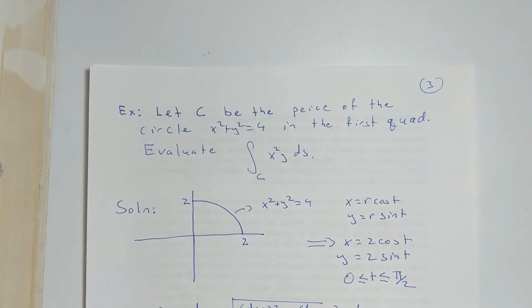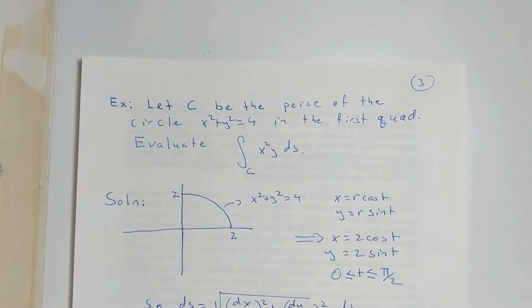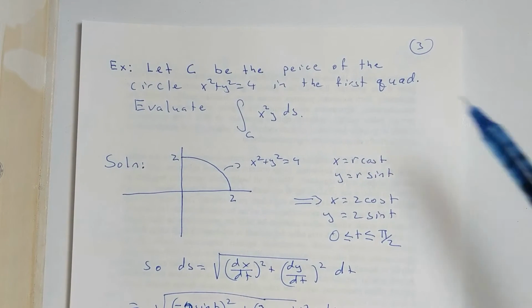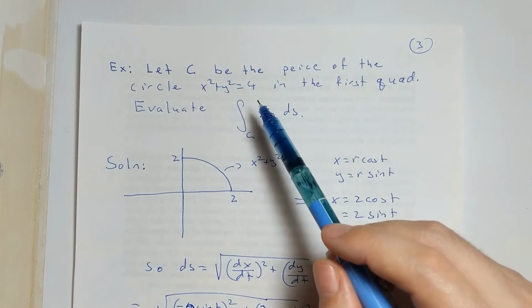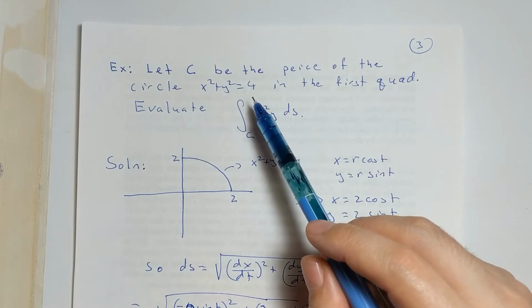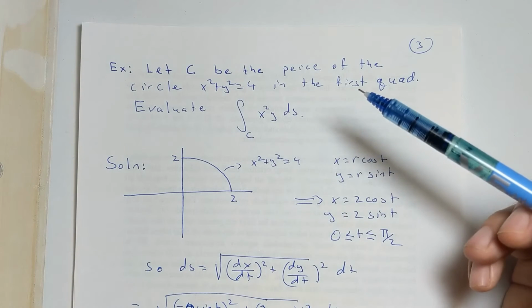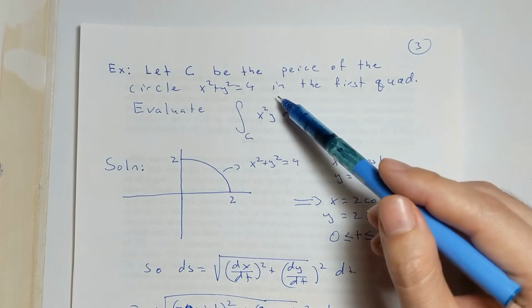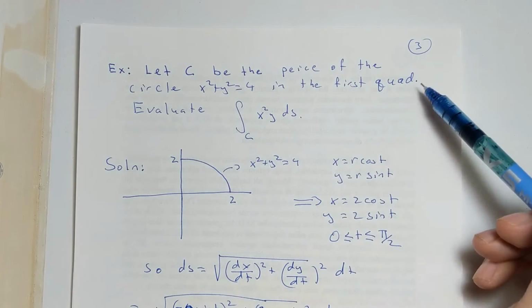So I picked some pretty easy examples that we can go over. And the first one is, let C be the piece of the circle x squared plus y squared equals 4. So it's the circle centered at the origin of radius 2, but we're only limiting it to the first quadrant. Okay.